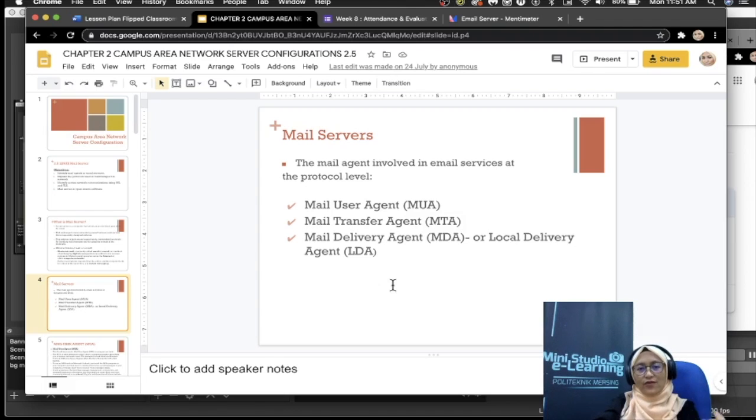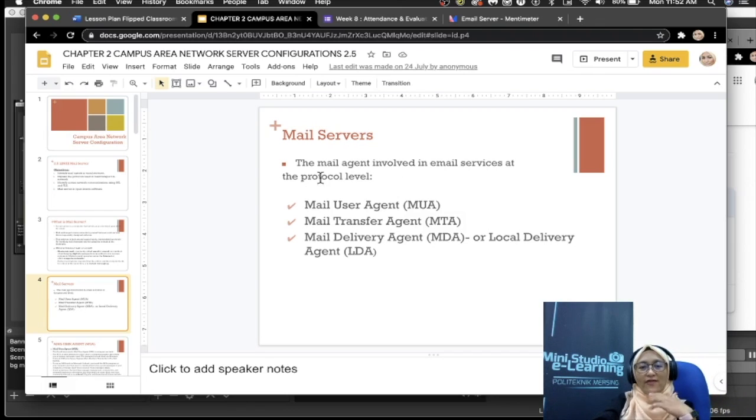You need to know first what email agents are. Before our class today, you need to take this mail server seriously, because to understand more about the mail server, you need to understand first the agents that are involved in mail service.